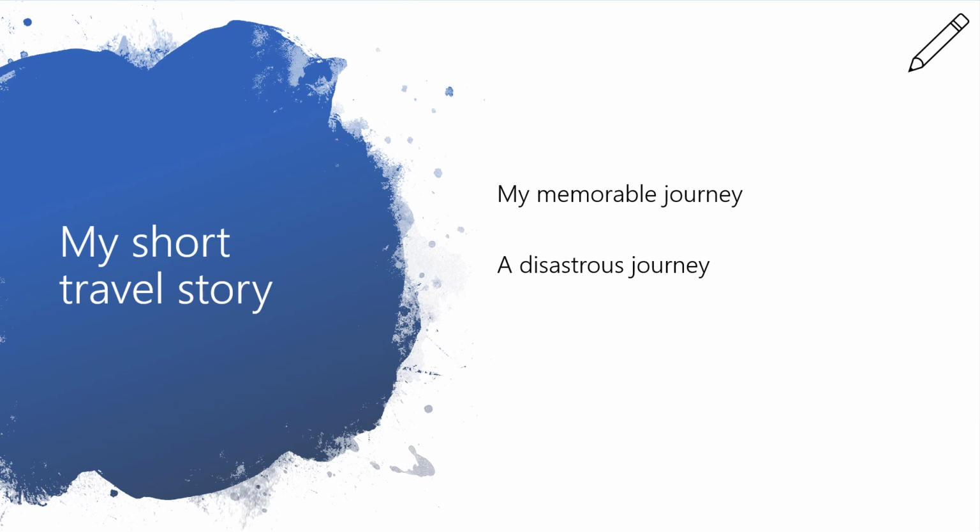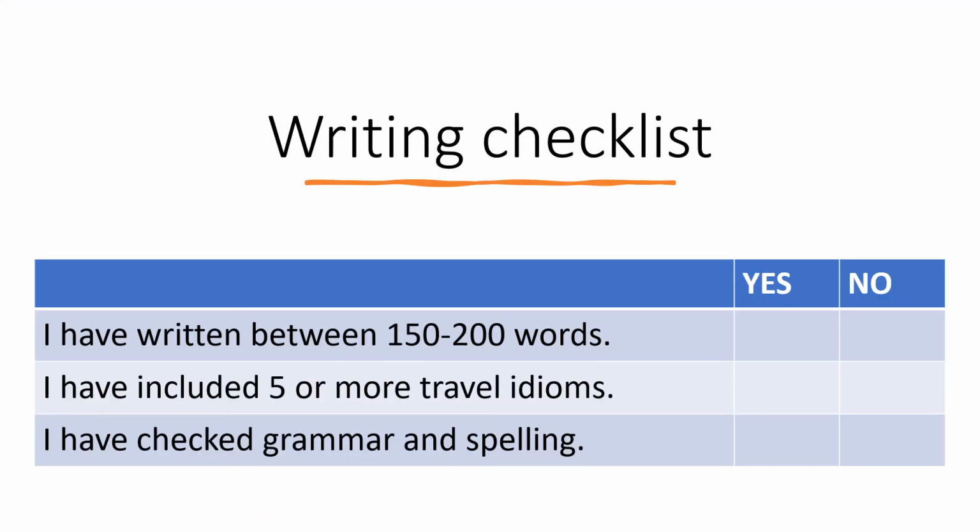Your story should include the idioms that we have learned today. After you finish your story, please use this writing checklist. Make sure that you have written between 150 and 200 words, that you have included 5 or more travel idioms, and make sure to check grammar and spelling at the end.